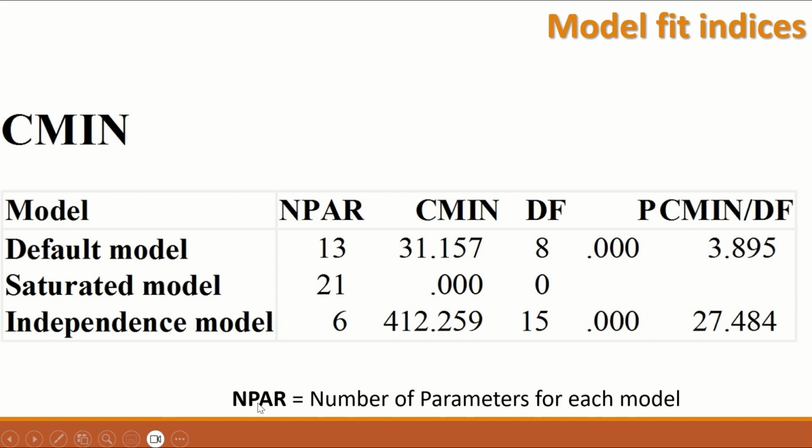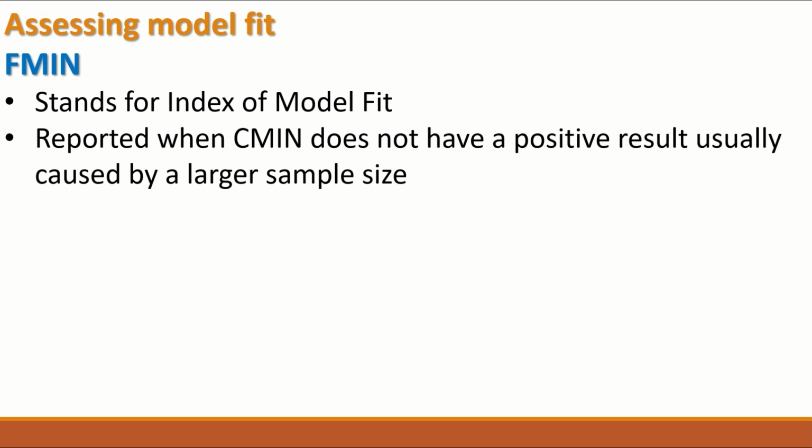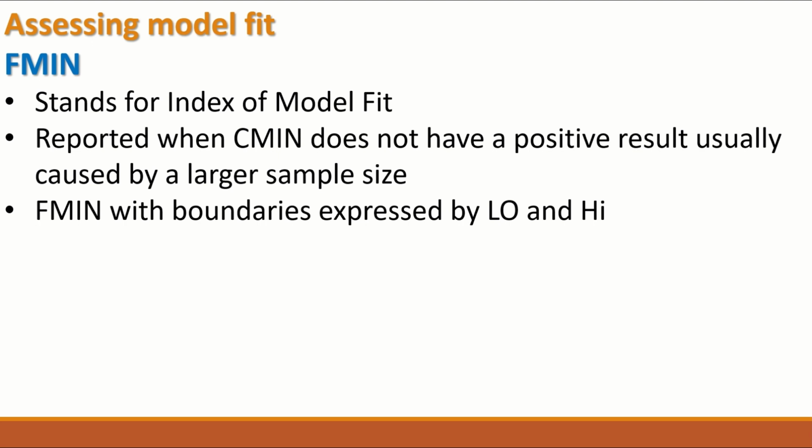And NPAR stands for number of parameters for each model. The next index is the FMIN, which stands for the index of the model fit. It is used and reported when the CMIN does not have a positive result, usually caused by a large sample size.